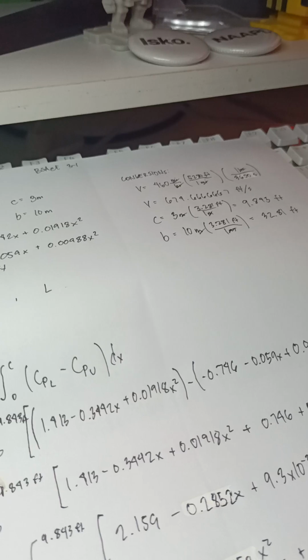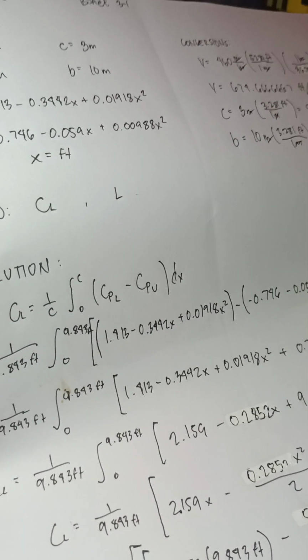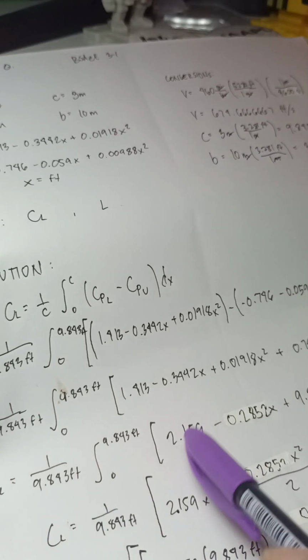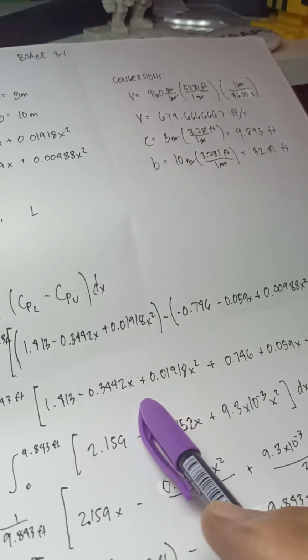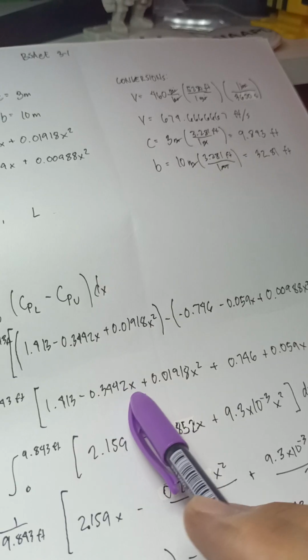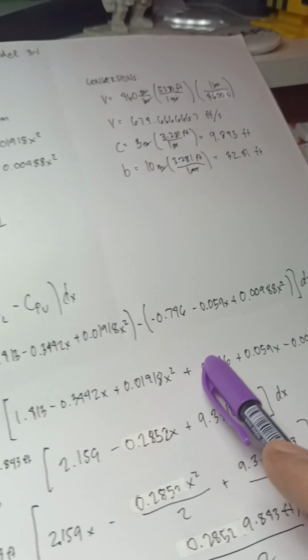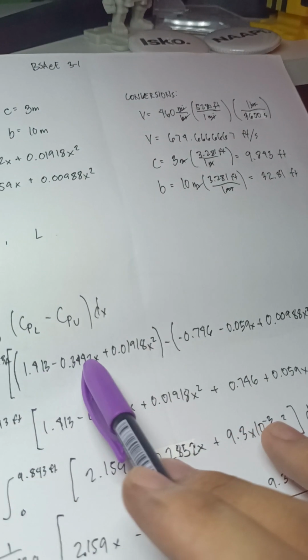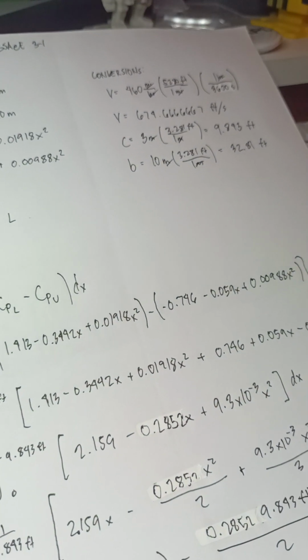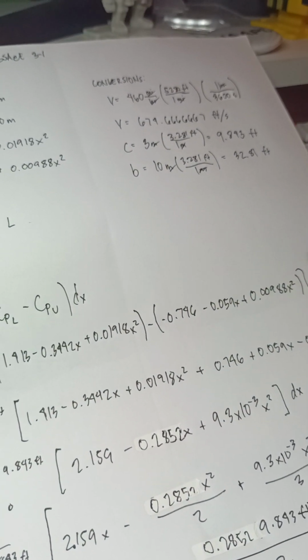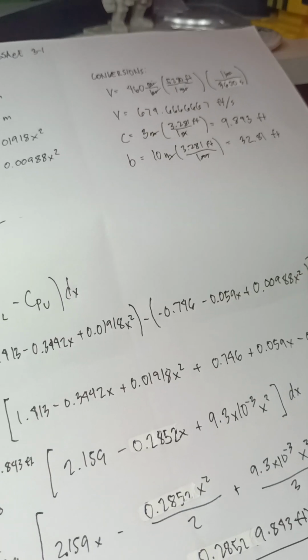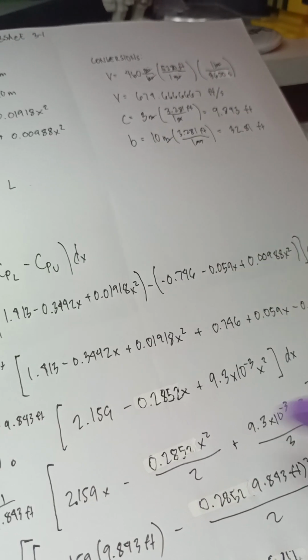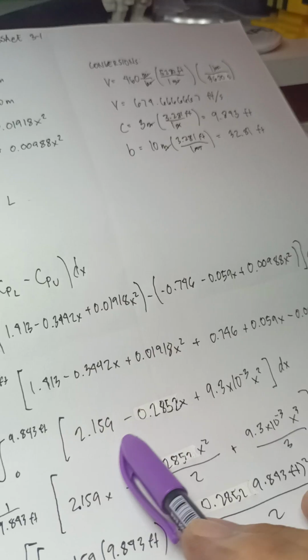And then what we will do is, of course, add and subtract same variables. This is just a quadratic equation, so the same variables are added and subtracted, resulting to this one.